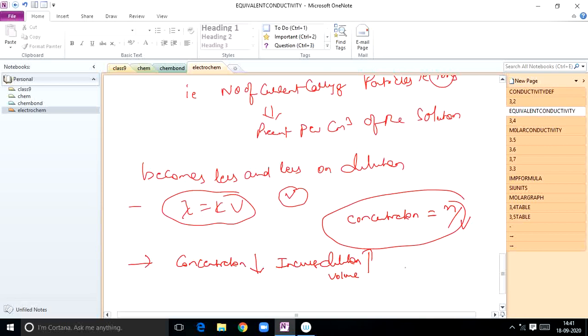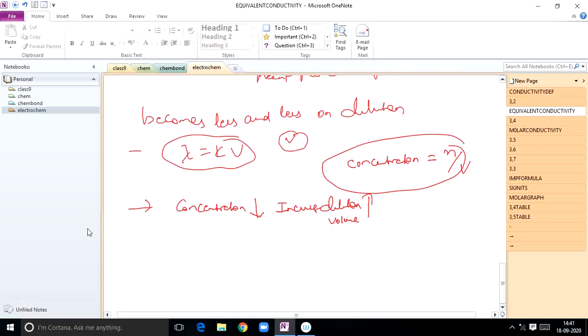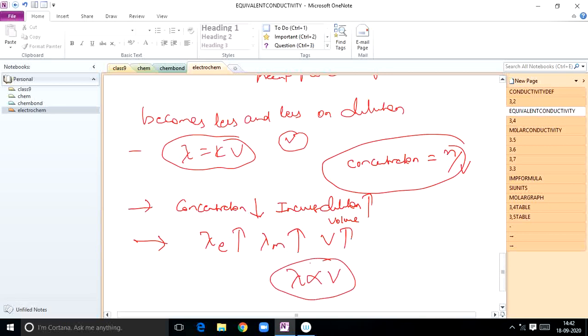If the volume increases, lambda E value increases, lambda M value also increases, because lambda is proportional to V. So as the dilution increases, lambda E and lambda M values increase. Okay, students, did you understand? Thank you.